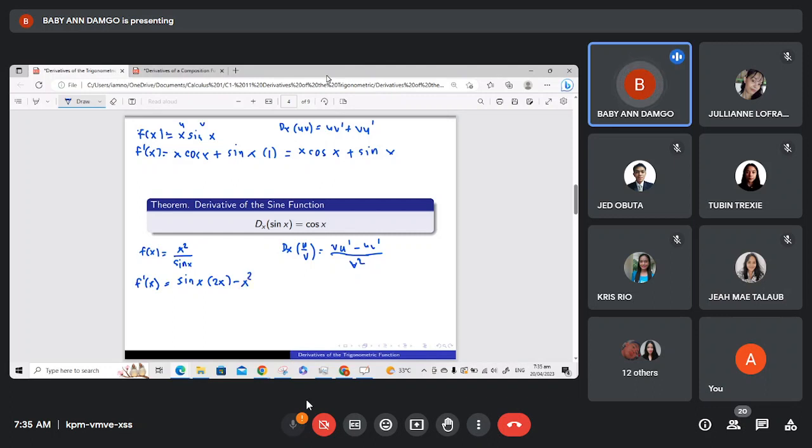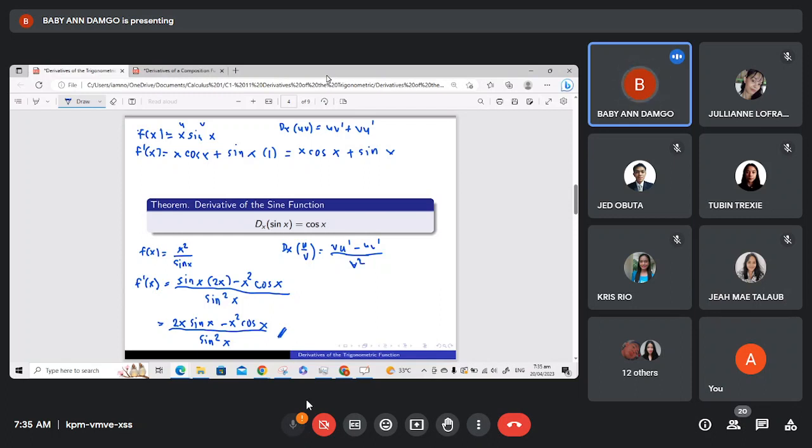Then, kuhaon na to ang derivative sa denominator. So, kuhaon ang v prime. So, derivative of sine x is cosine x, all over v squared. So, this is sine squared x. Okay? So, simplify. This is 2x sine x minus x squared cosine x all over sine squared x. Okay?